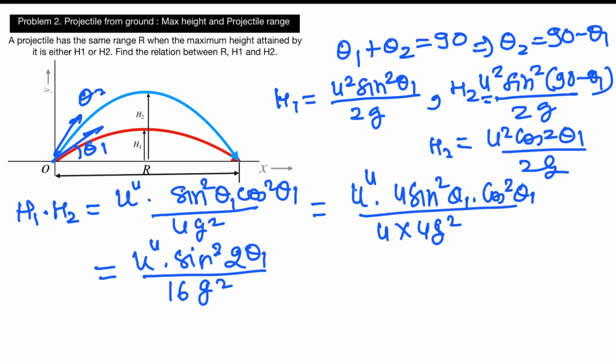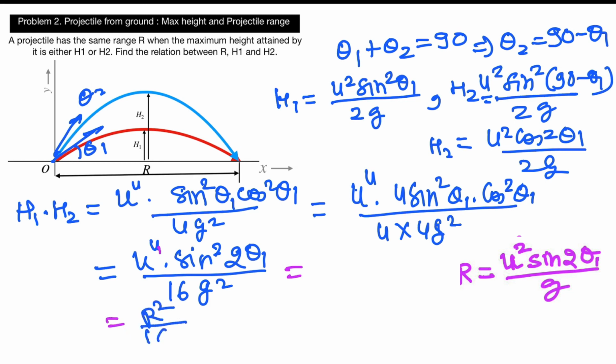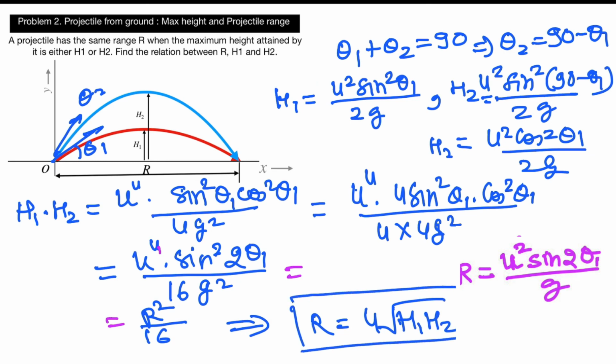The range of the projectile is given by u square sine 2 theta by g. So if we see this expression, u to the power 4 sine square 2 theta 1 by g square is nothing but R square. So this can be written as R square by 16, and by this relation we can say R equal to 4 root h1 h2, and that is the relation between R, h1 and h2.